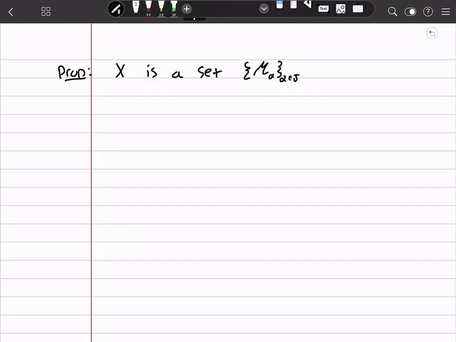So X is a set and M sub alpha is a collection of sigma algebras on X.